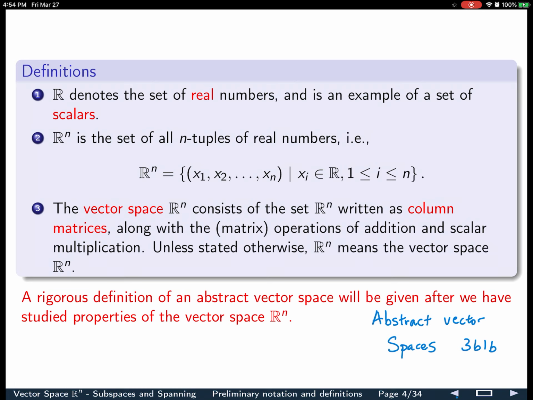Okay, so other than that, let's define what a vector space is, realizing that while we are working with tuples of real numbers, there are other things out in the world that can be considered vectors.